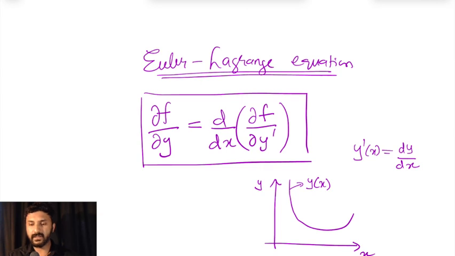So we are differentiating in different orders, and we're putting it all together, and this equation turns out to be one of the most important equations, not just in mathematics but also in physics. It turns out this equation is as powerful, if used rightly, as Newton's laws of motion.